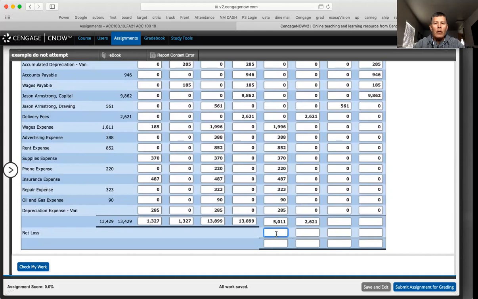So if you think about that, 2621 minus 5011 will give us a balance of 2390. Or actually, I should put a negative, or I wonder if it's going to want this. Oh, so it's going to be a negative then.